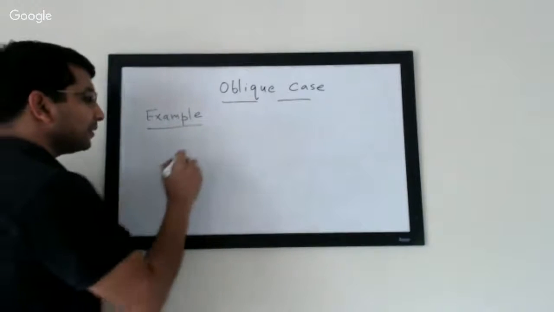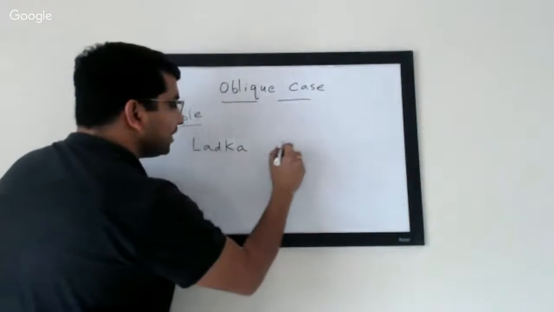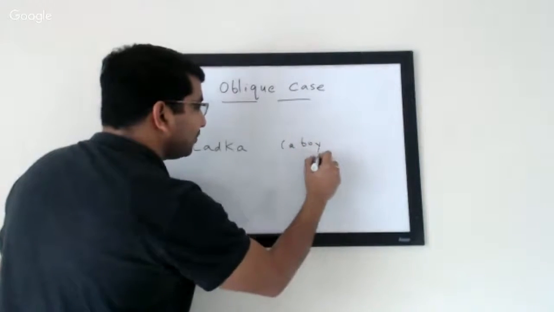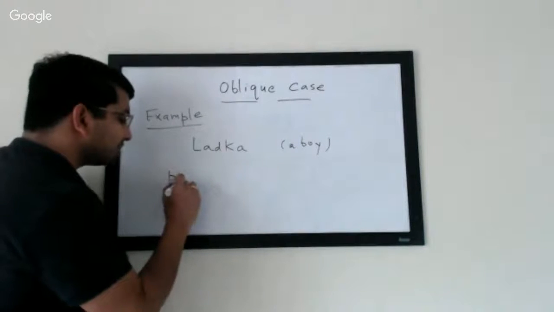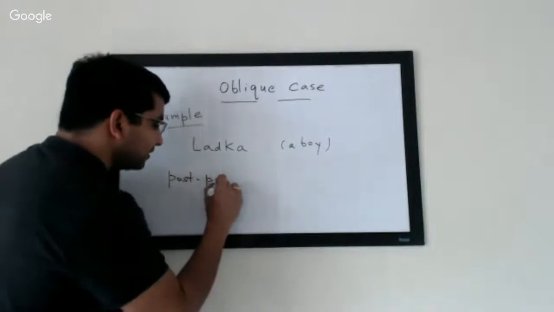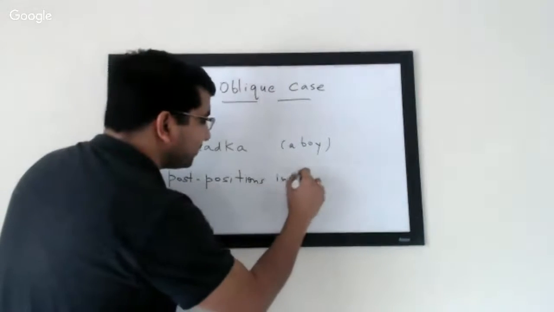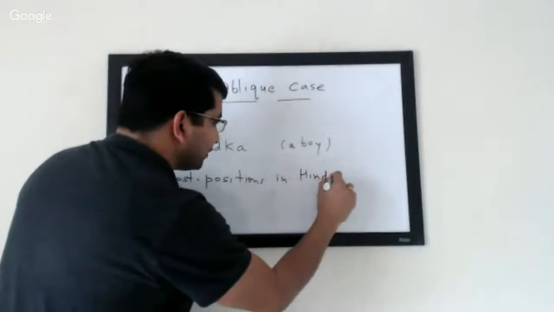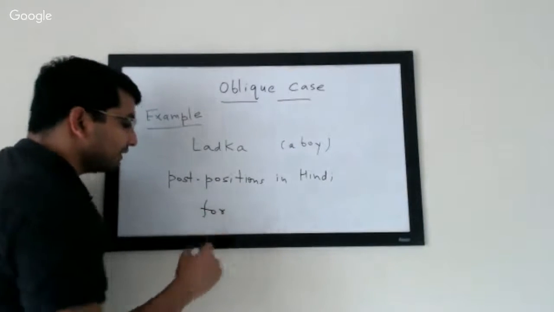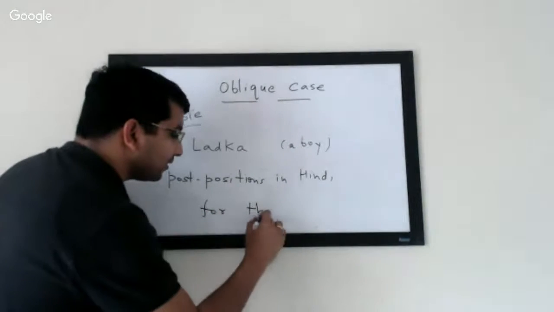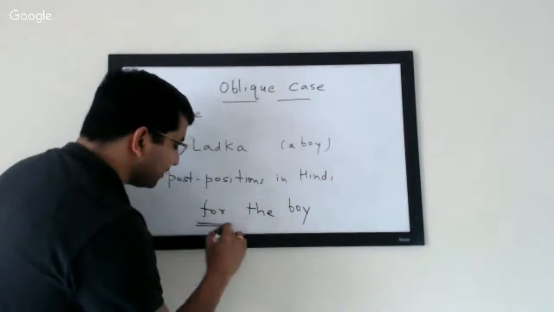If you remember, in the sentence, it was simply a boy. Ladka is a boy. But we also learned postpositions in Hindi. Right? In English, if you were to say this gift is for the boy, or for this particular boy, you are using a preposition.